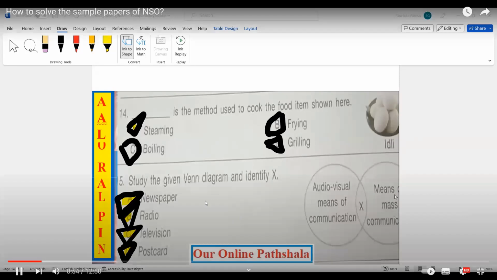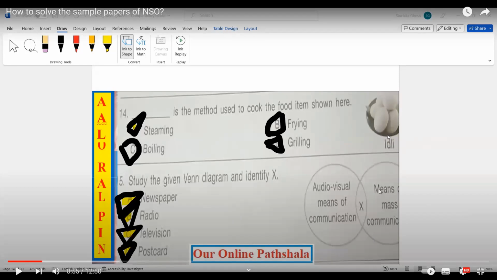You all can follow my next. Okay, is it clear, Avishikta and Srujana, why the first one will be steaming? Because we don't boil the idli in the water. We boil the egg in the water.